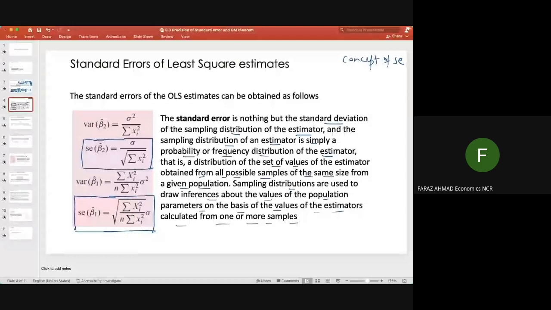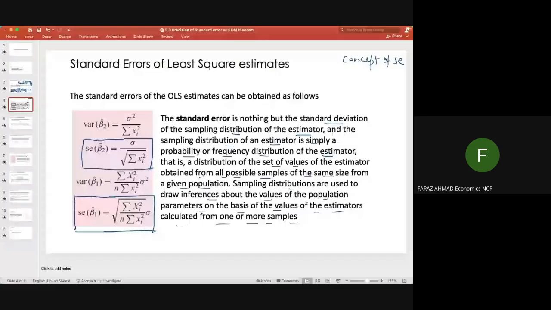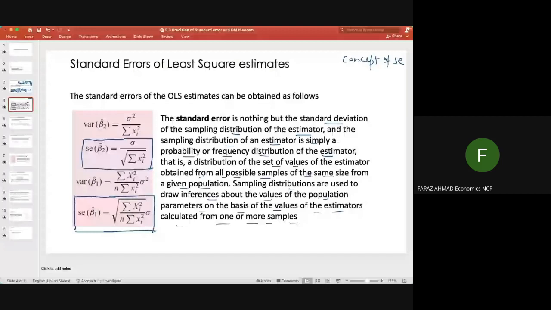Then you used that sample of 10 x and 10 y values to calculate beta 1 hat and beta 2 hat, right? Now, if you collect another sample of 10 from the same population of 1000, you will get another set of x and y values, and then you will have different beta 1 hat and beta 2 hat from the first sample. Do you agree with this? Yes, sir.